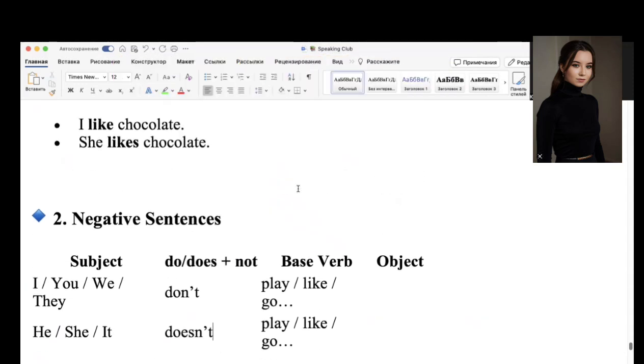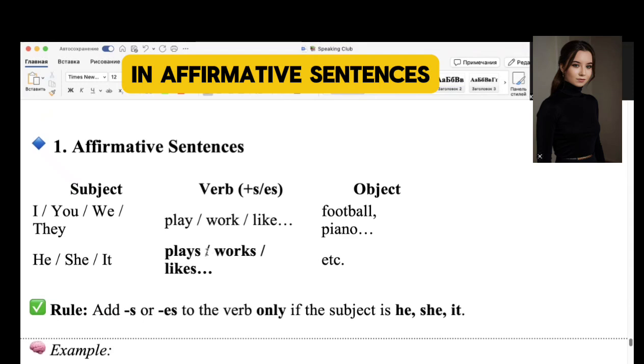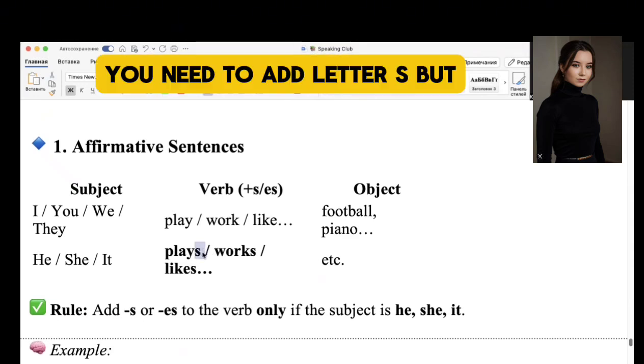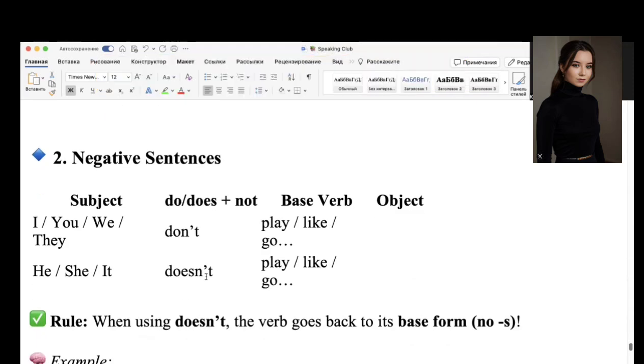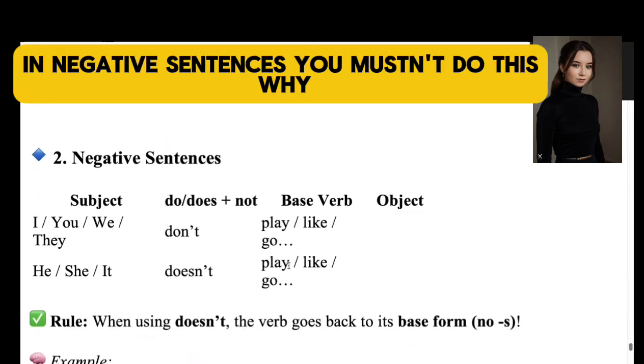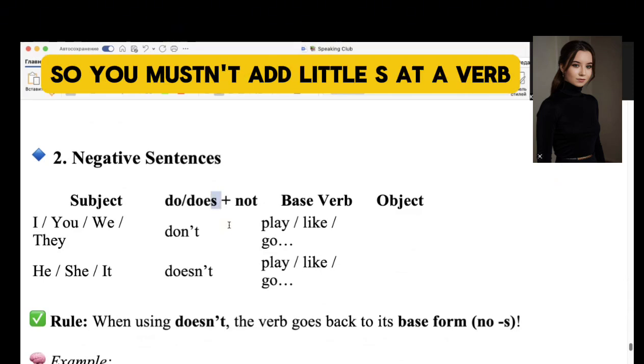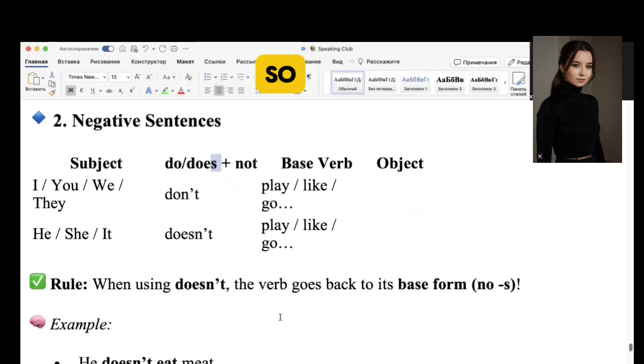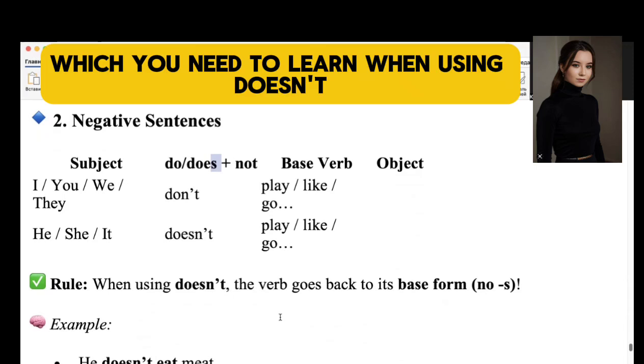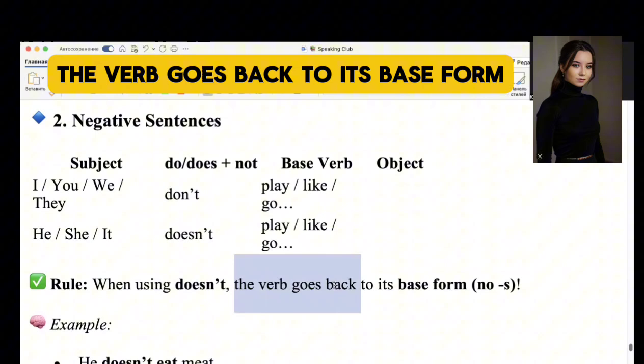Look, in affirmative sentences, you need to add the letter S. But in negative sentences, you mustn't do this. Why? Because you already have the letter S in does. So you mustn't add the letter S to the verb. So the main rule which you need to learn: when using doesn't, the verb goes back to its base form.